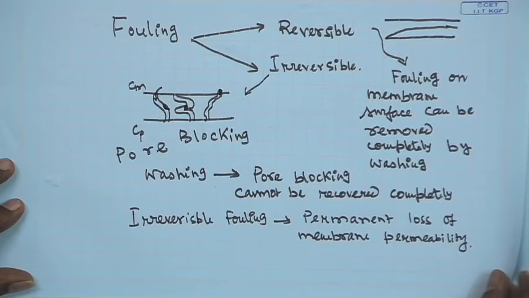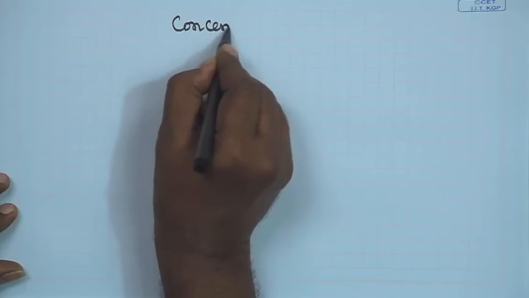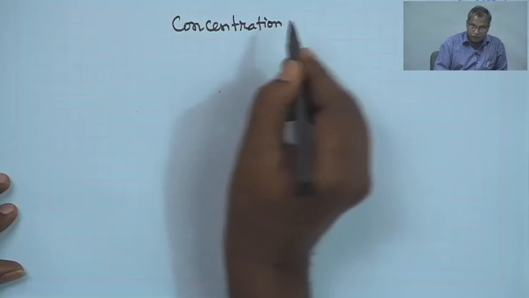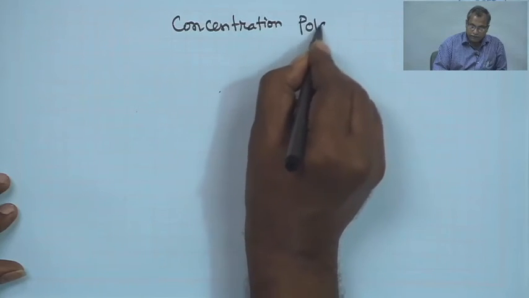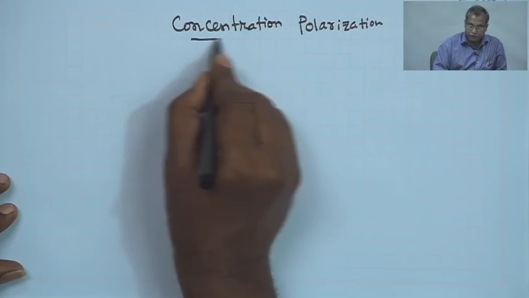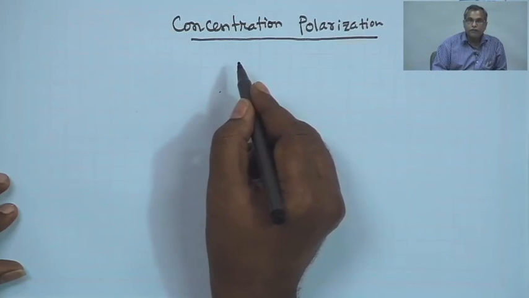Now, we will look into the various manifestations of concentration polarization and what it really does. Basically, the effect of concentration polarization is accumulation of the solute particles over the membrane surface, thereby increasing its surface concentration.